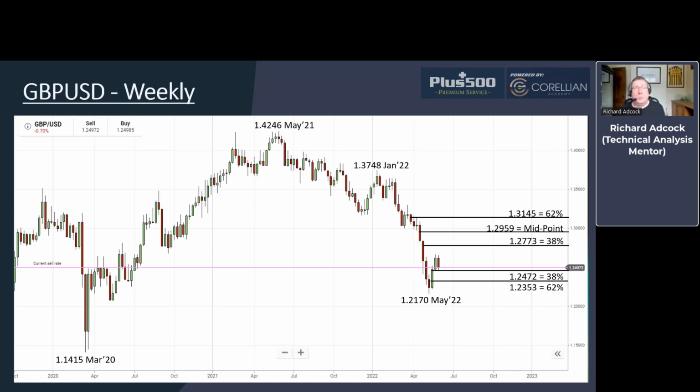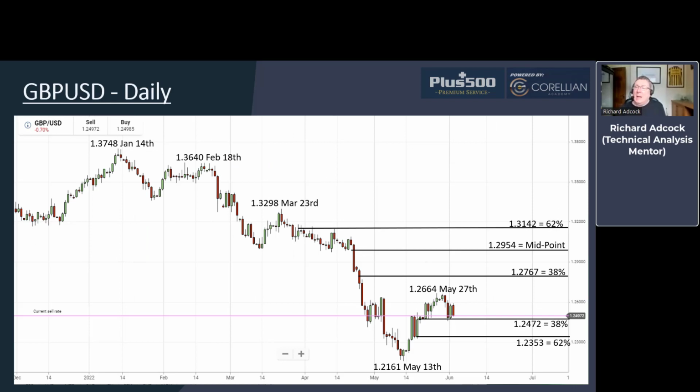But certainly the general backdrop is that if we start to see 124.72 giving way, then that can trigger a much more significant decline and a more extended phase of weakness.